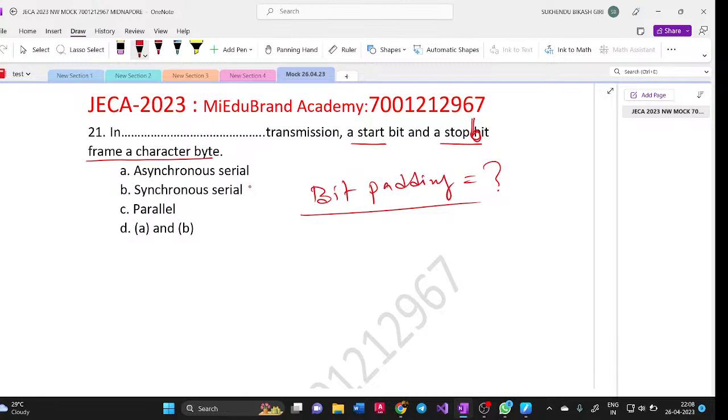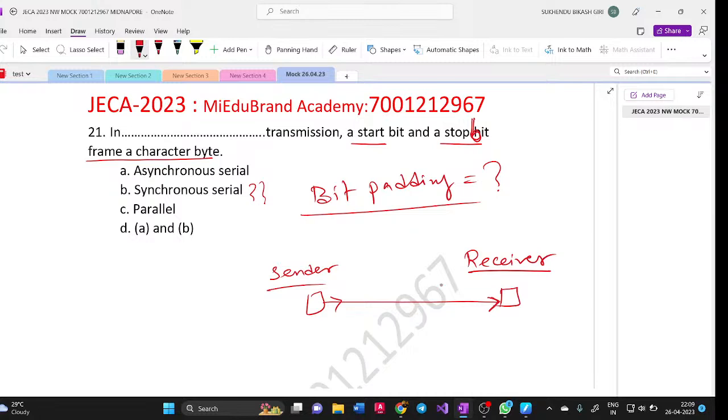Why answer B? Synchronous serial transmission means sender and receiver both have equal sending speed and receiving speed, so we do not need the bit padding technique here. When the transmission is asynchronous, the sending speed and the receiver's receiving speed are not matched.